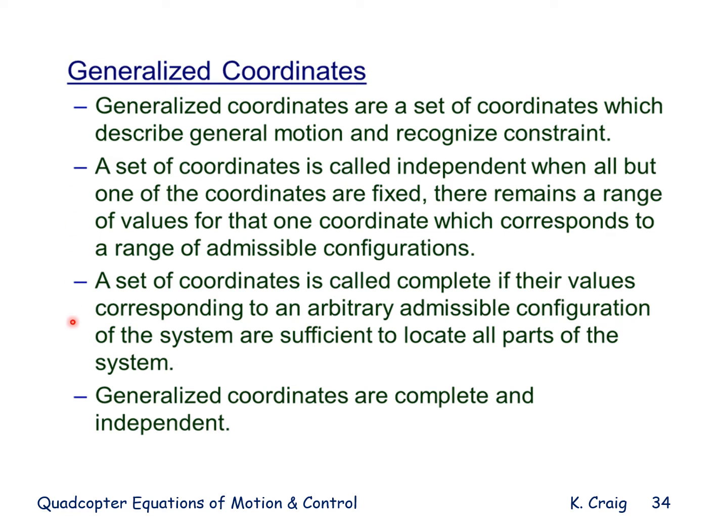A set of coordinates is called complete if their values corresponding to an arbitrary admissible configuration of the system are sufficient to locate all parts of the system. Generalized coordinates are complete and independent.